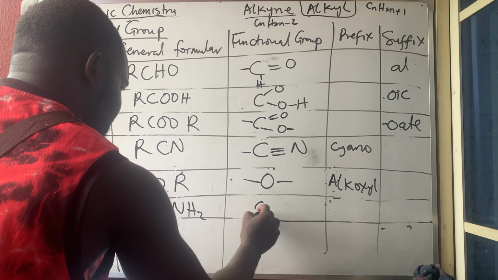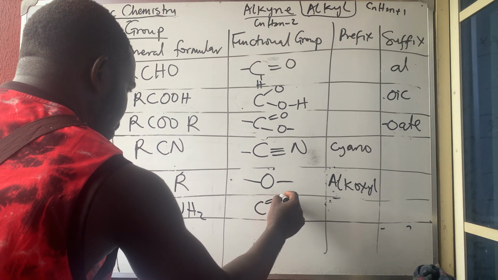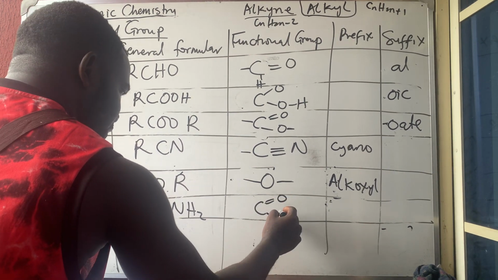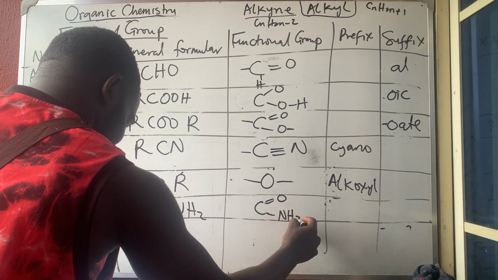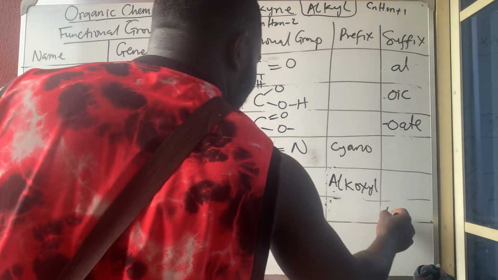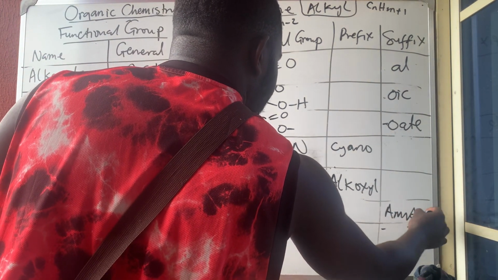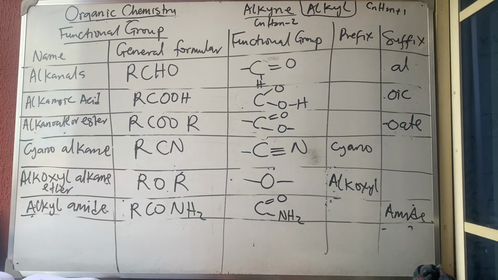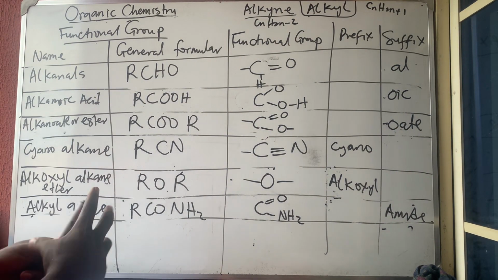So we get them by C, double bond here, O, then one bond, the amine NH2. So we use them as amide. Okay, so that is that for the functional groups.